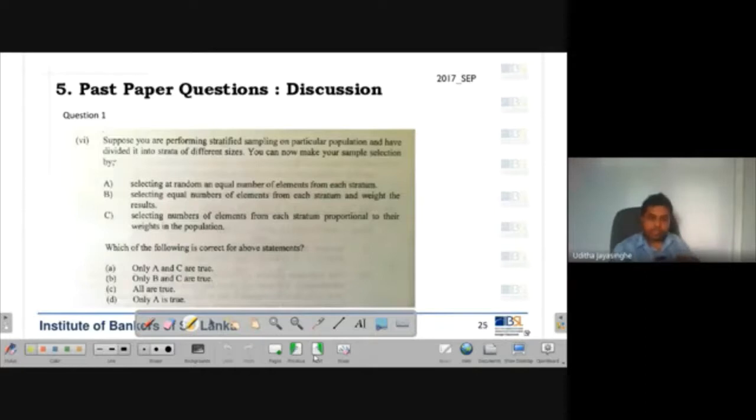The question has told you that you are performing stratified sampling. Now you have done the grouping, then you are going to do the selection. First, A says selecting a random or equal number of elements from each stratum. B, selecting an equal number of elements from each stratum and weighting the results. Okay, fairly good. C, selecting a number of elements from each stratum proportionate to their weights in the population. What do you all think?